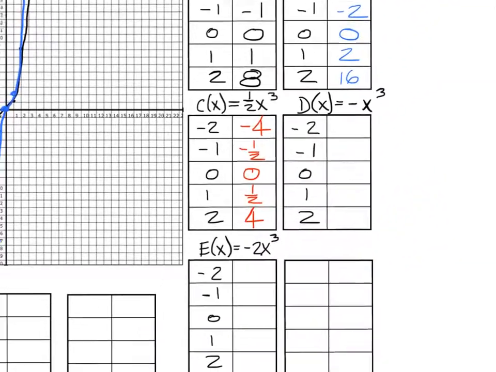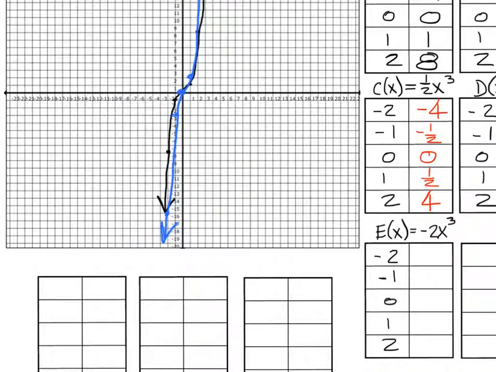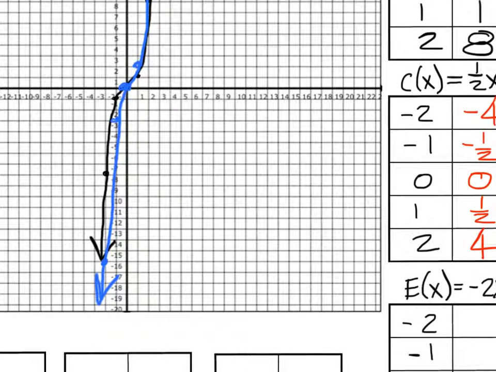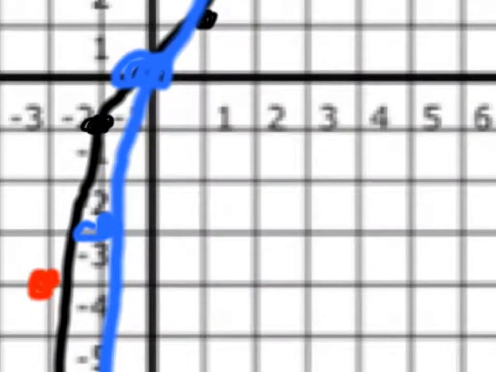Back over here to the graph, we're going to have to go to negative 2, negative 4. Alright, so back 2 and then down 4, make a dot. Back 1 and down a 1/2. So I may have to zoom in a little bit for this.